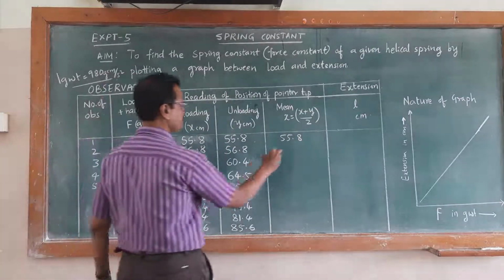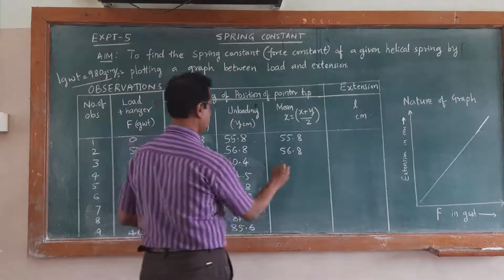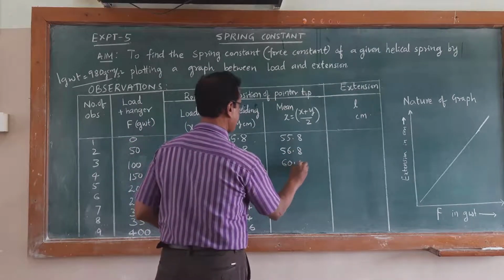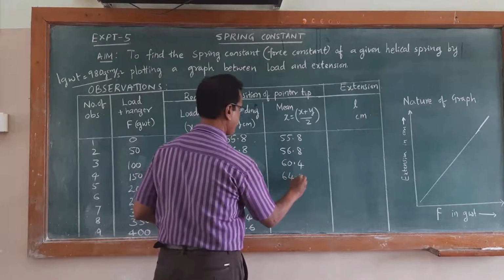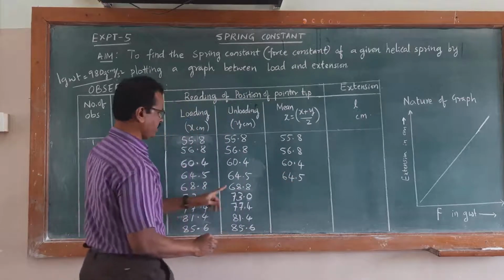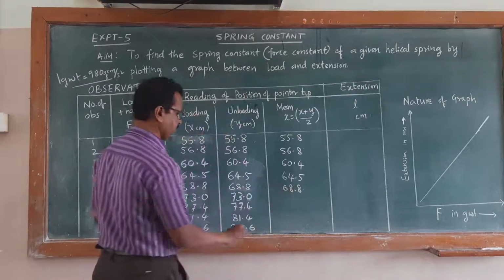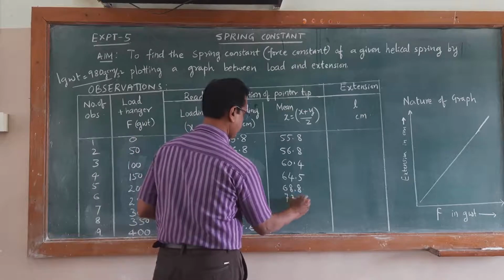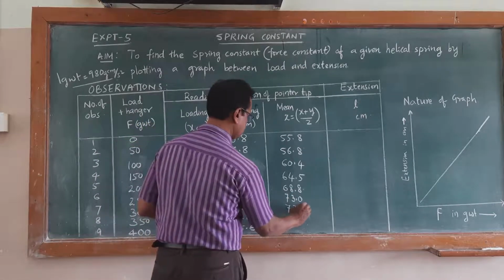So 55.8, 56.8, 60.4, 64.5, next 68.8, next 73, 77.4, right?